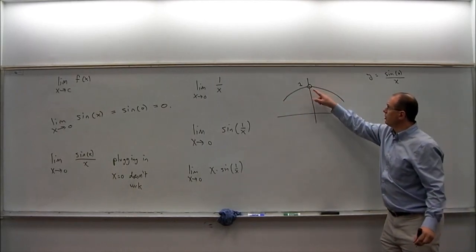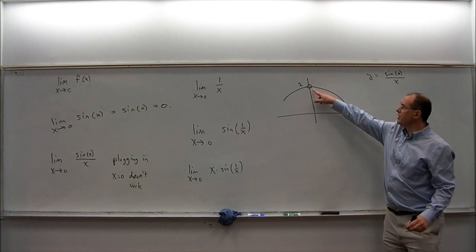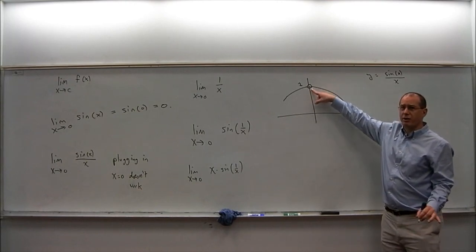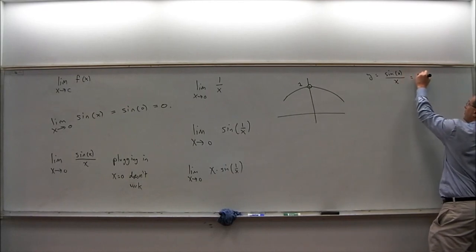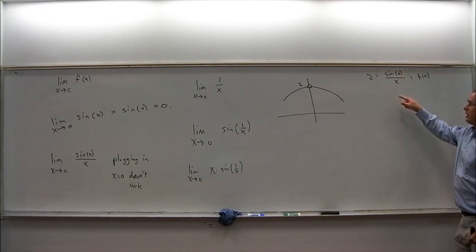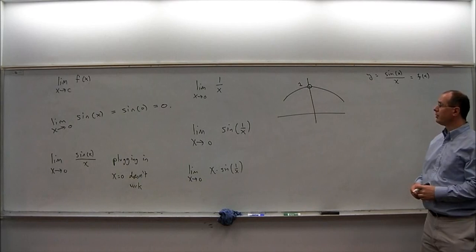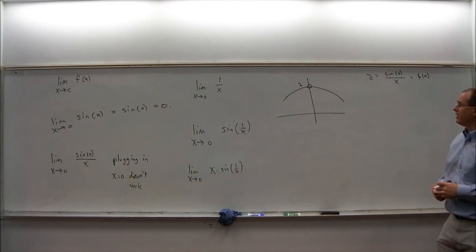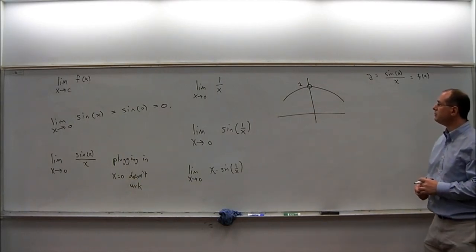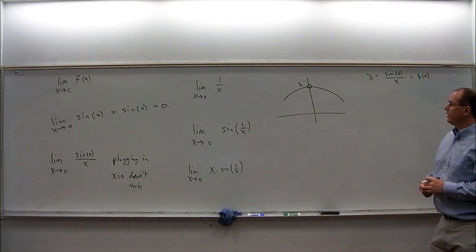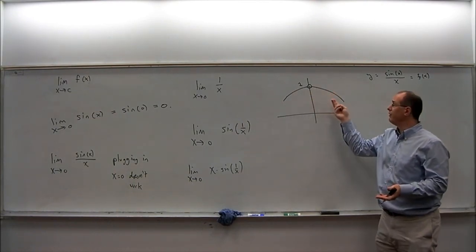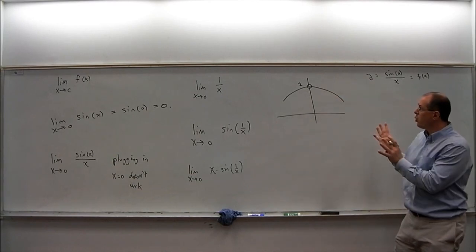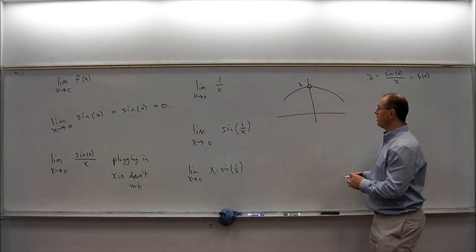I put an open circle here because the point (0, 1) is not on the graph. f of 0 is undefined. 0 is not in the domain of the function. But the behavior of the function is sort of nice. It's well controlled near 0.